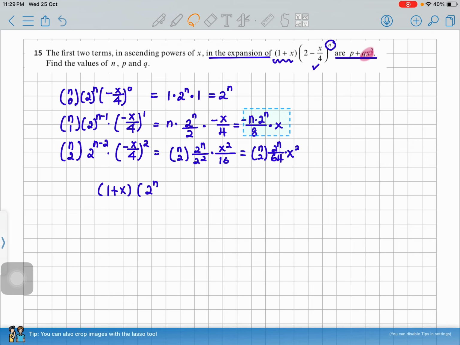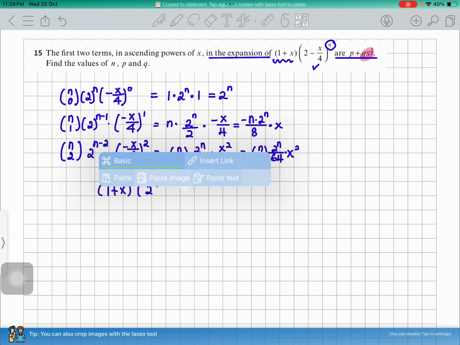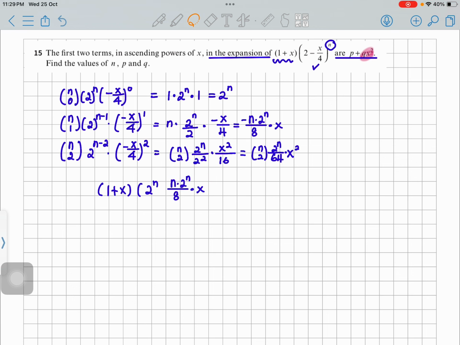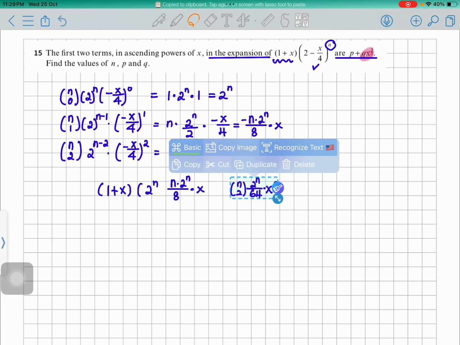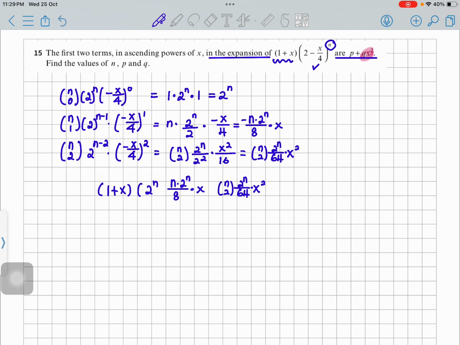I'm going to copy this because I'm lazy like that. And then this particular term, and we close our bracket. Of course, there are more terms, but we are not interested. We only want until x squared because the question's requirement is only until x squared.